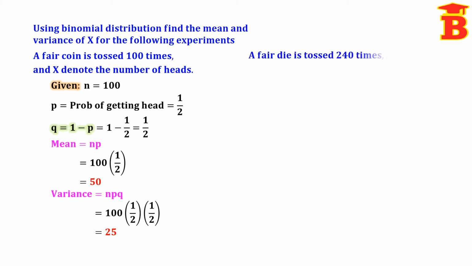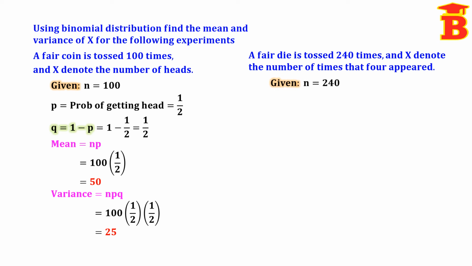Similarly, another problem, a fair die is tossed 240 times and capital X denotes the number of times that 4 appeared. So given n equal to 240, a die is tossed 240 times. So n value 240.